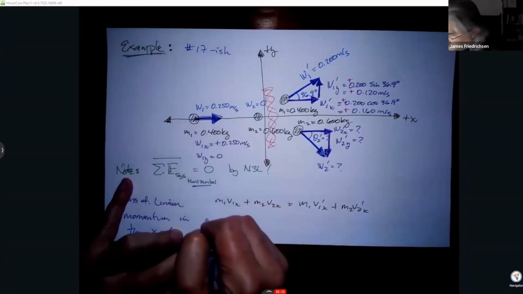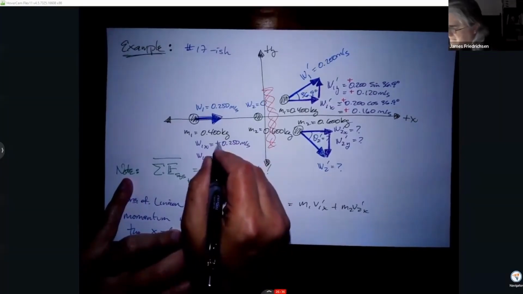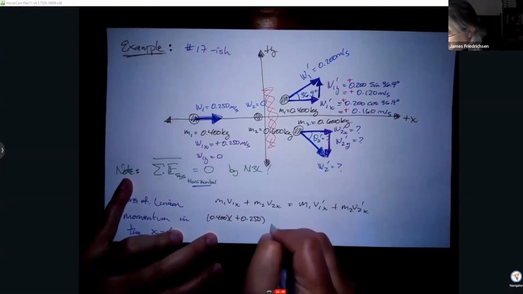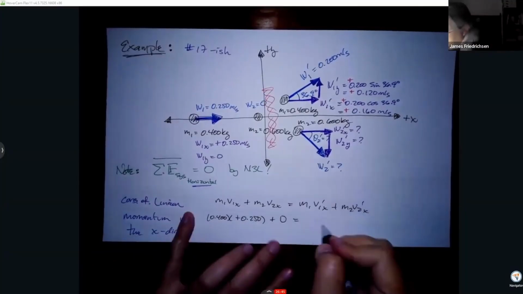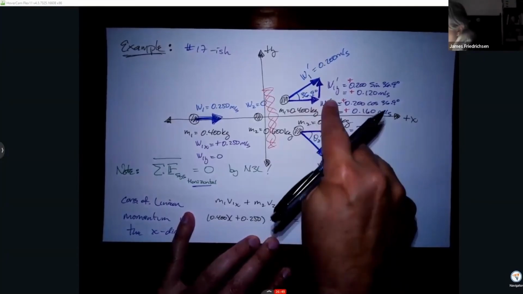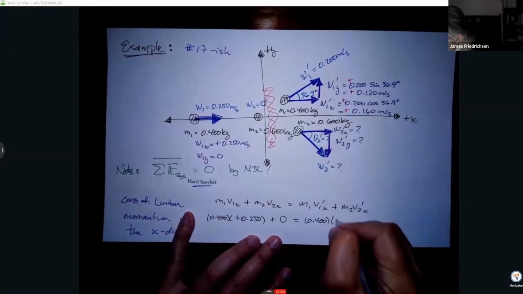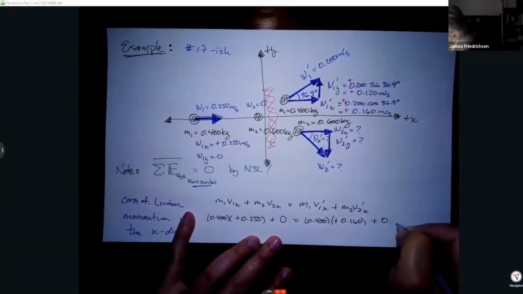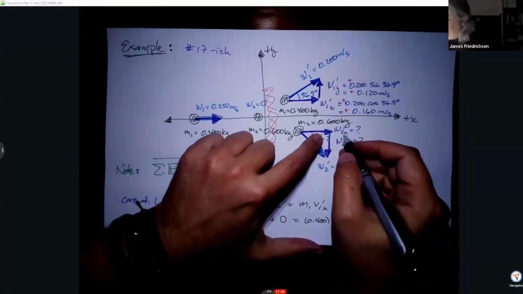But for our mass 1, this is 0.400, and then the x component of this velocity is the plus 0.250. For object 2, it was at rest, so that's a 0. And then this will be our 0.400, and then the x component of v1 prime is that, plus 0.160, and this will be plus 0.600 times this v2x prime.